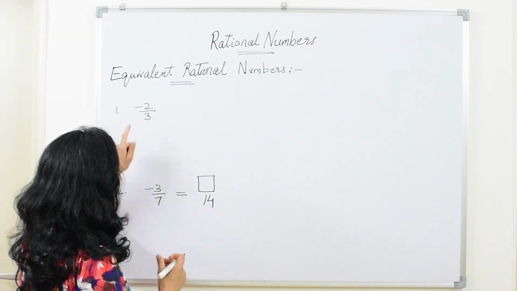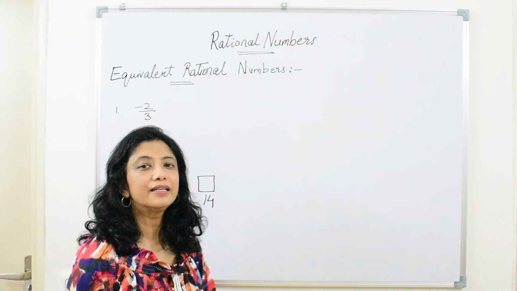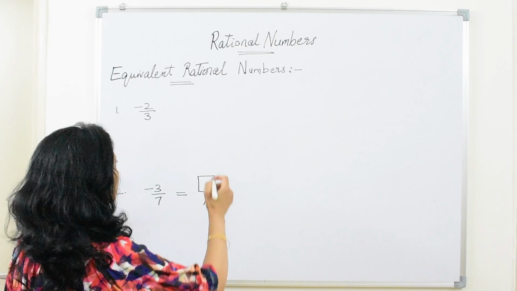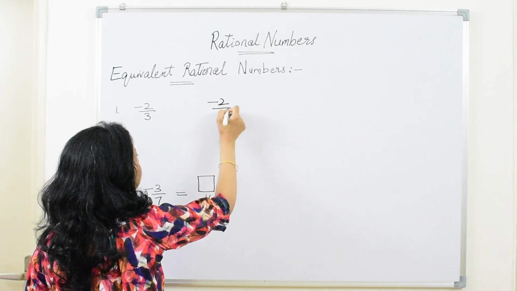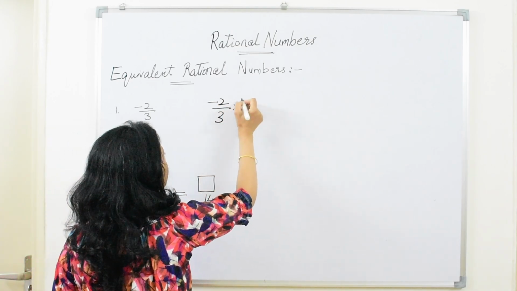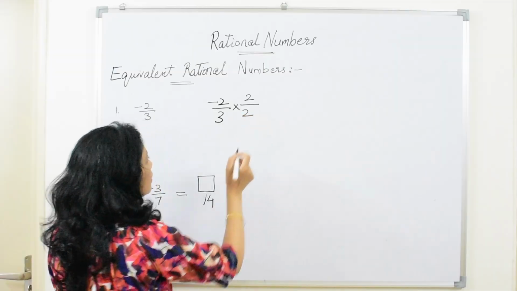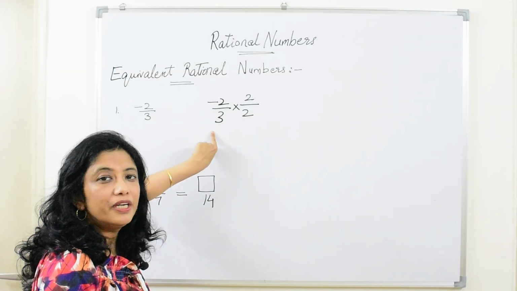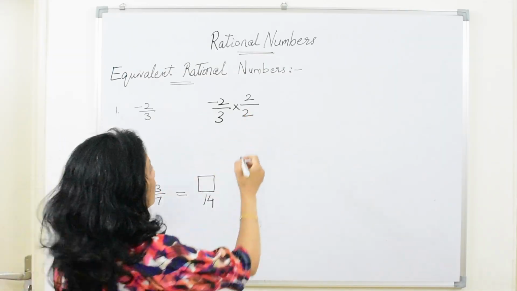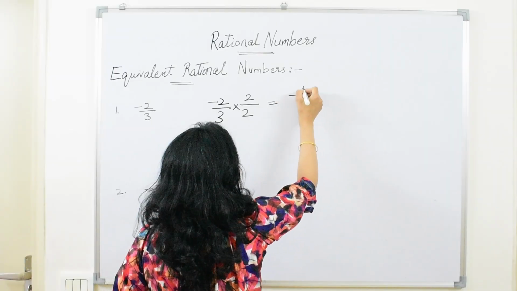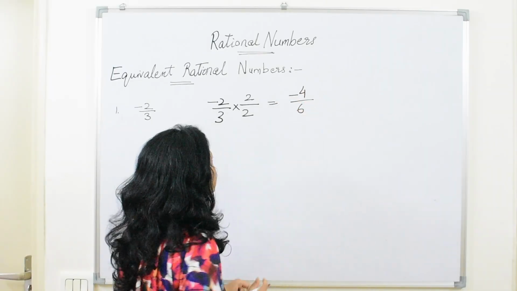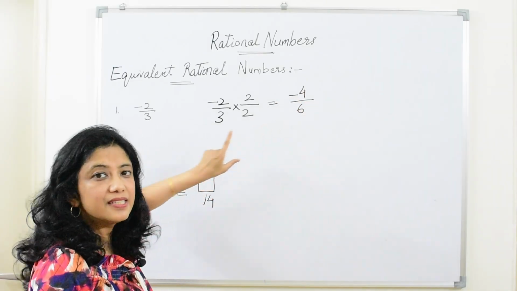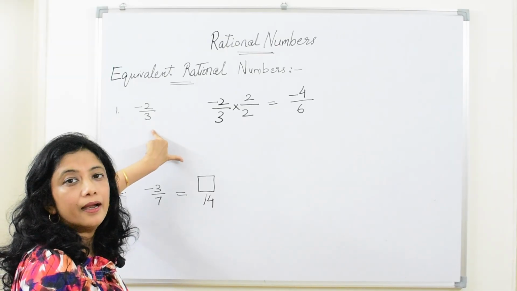See here, -2/3. Now we have to get its equivalent rational number. What will we do? We will multiply the numerator and the denominator by the same number. This becomes -4/6. So -4/6 is equivalent to -2/3.